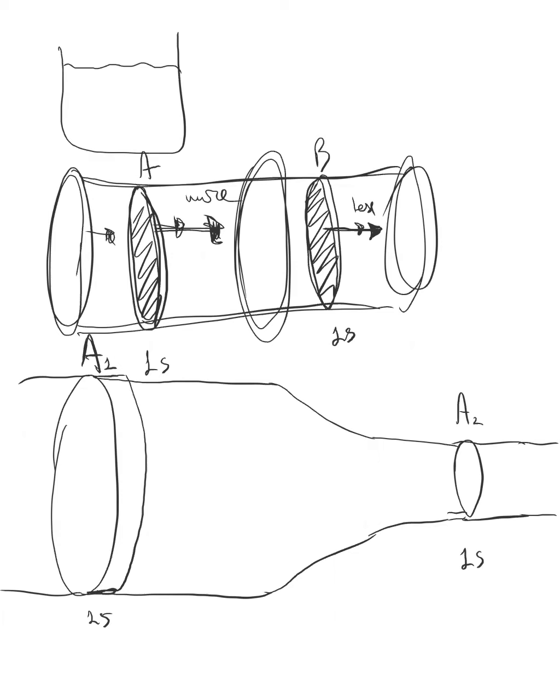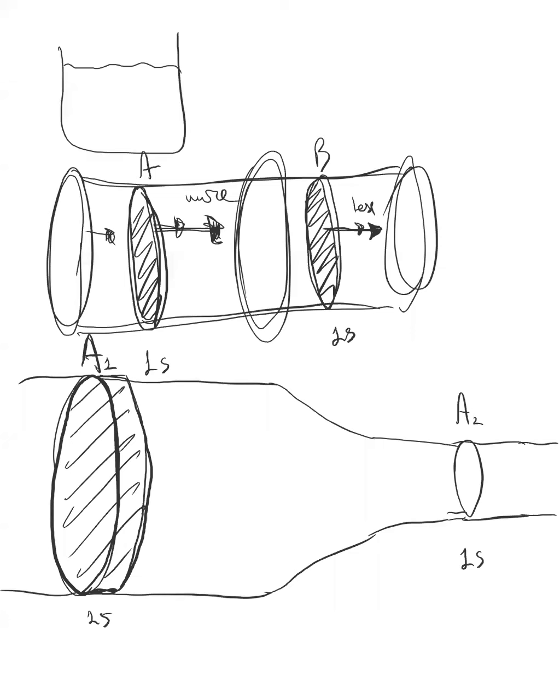So if you look at this drawing, then you will see that if this is the volume of water that I need to pass through A1 in 1 second, since A2 is narrower, and since exactly the same volume has to go through A2, if I draw the same volume over here, it will have less cross section, but it will be longer. So a longer stream of water goes through A2 compared to A1.